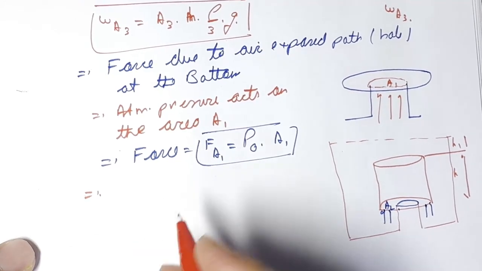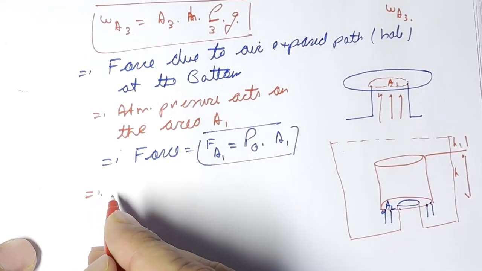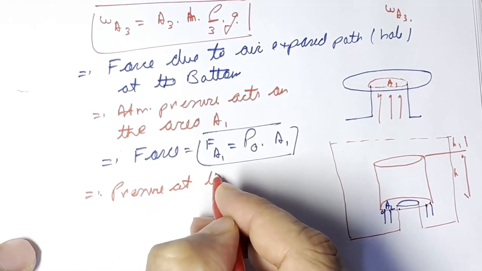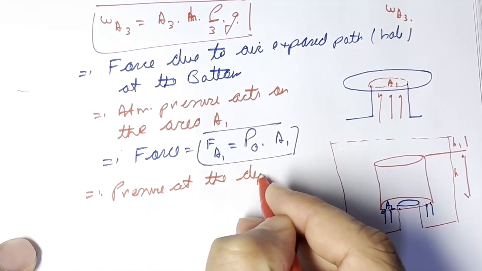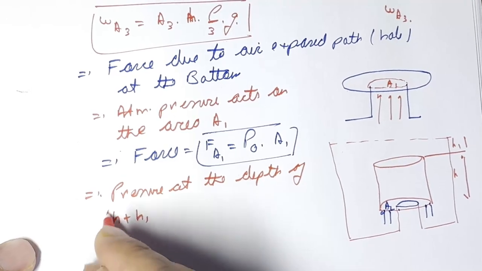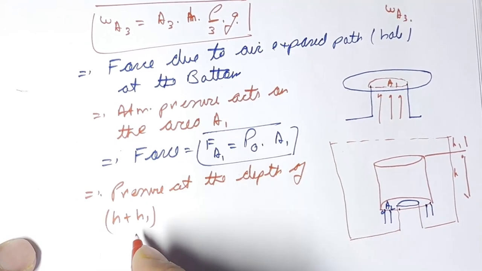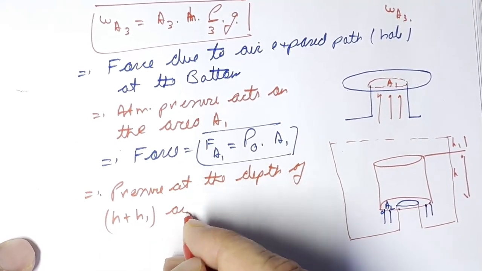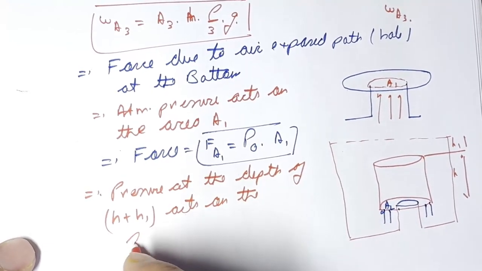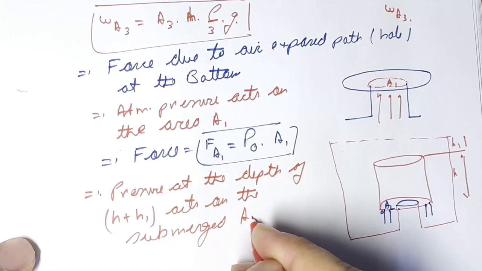So we can say that pressure at the depth of H plus H1 acts on the submerged area A2.